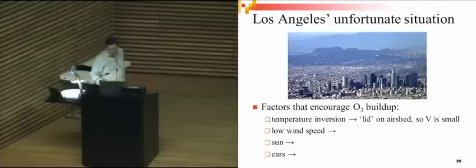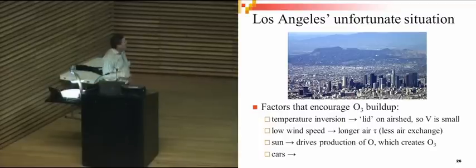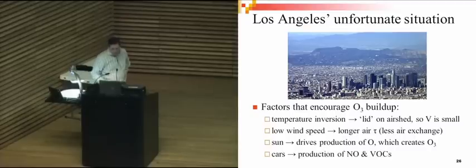If we have low wind speeds, again, we'll have fewer air exchanges, and that will also increase the concentration of ozone within that control volume. Sunlight will drive production of this atomic oxygen, which will again react with molecular oxygen to form ozone. And vehicles will produce NO and then NO2, and of course VOCs that will fuel this free radical production to generate more NO2.